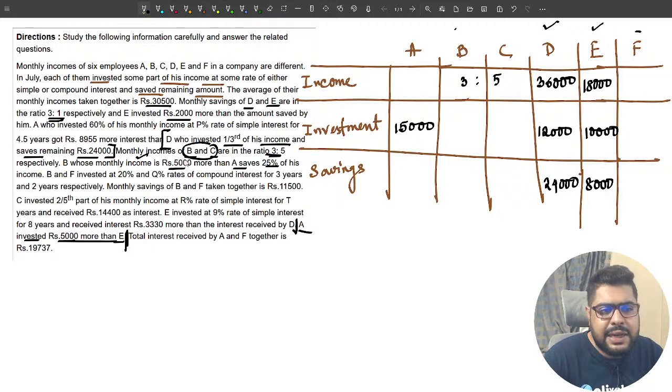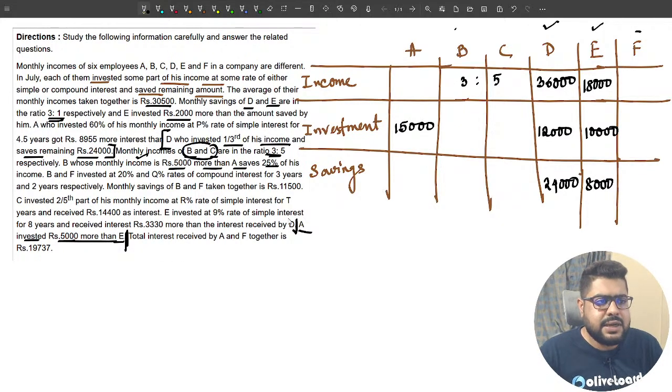B, whose monthly income is 5,000 more than A. Again, sir, I don't know what is the income of A. So if I only know how much amount A has invested. Okay, monthly, this is given. One second, sir. A invested this. One second, sir.